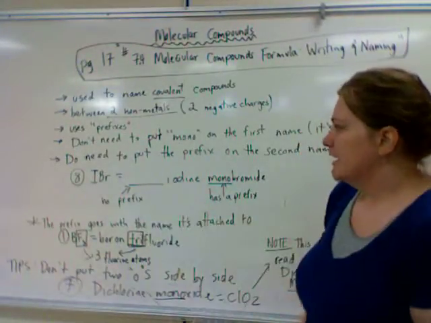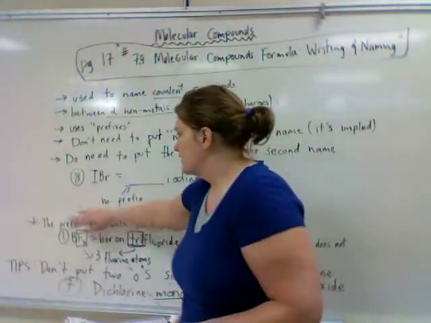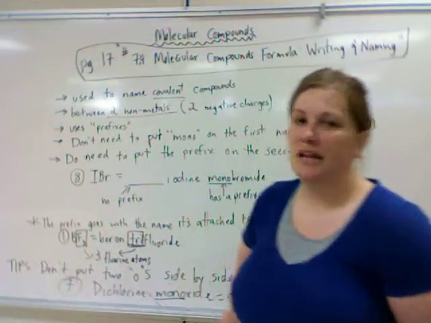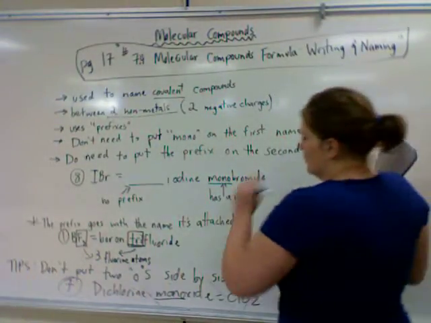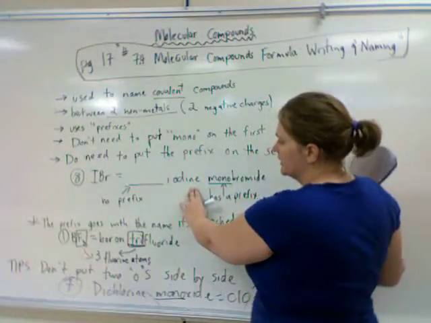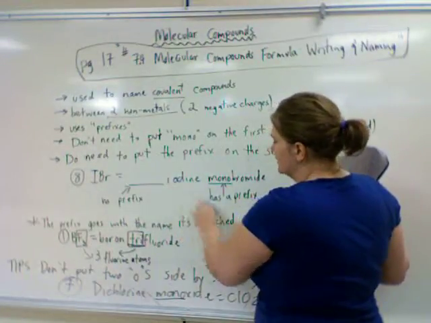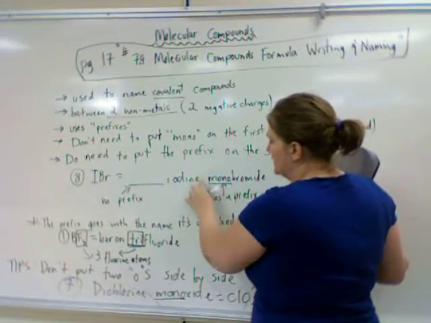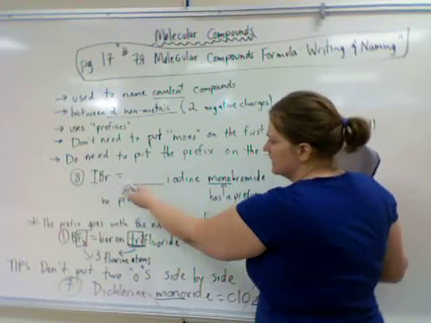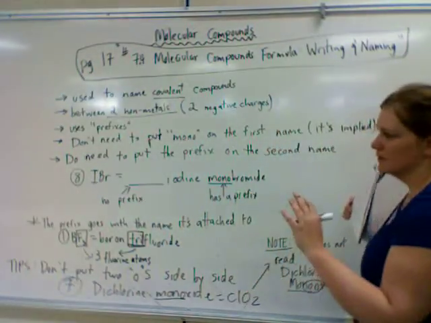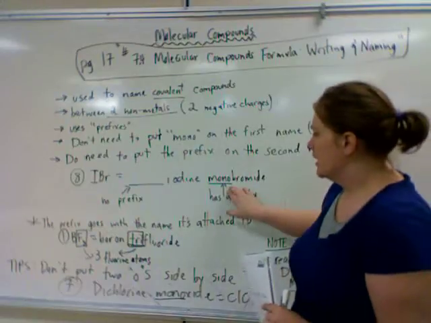If we're using iodine and bromine together, and we're saying that there's one atom of each, when we name these things, the first word, just like in ionic naming, is just iodine. But we put in how many of the second element there is ahead of time.